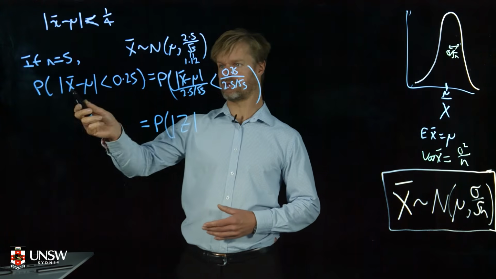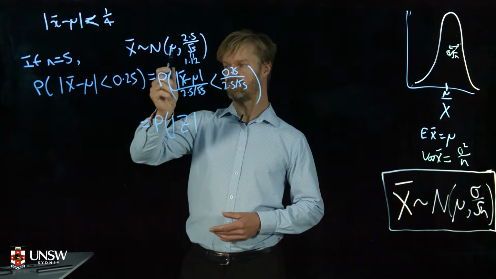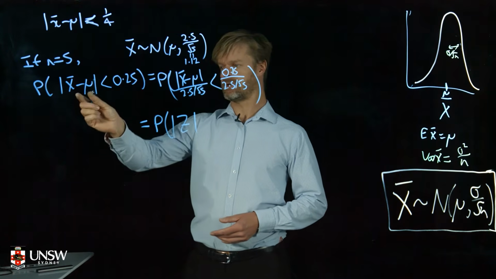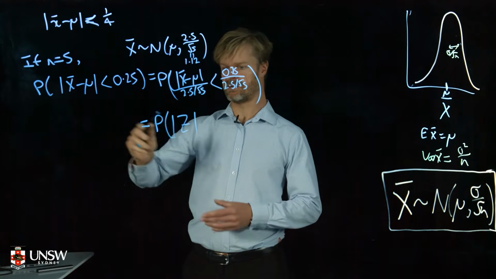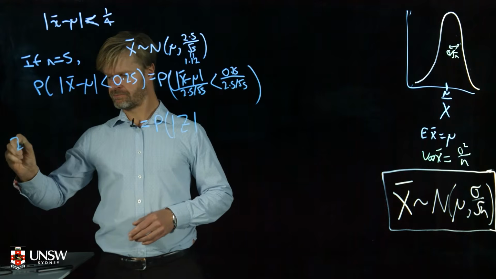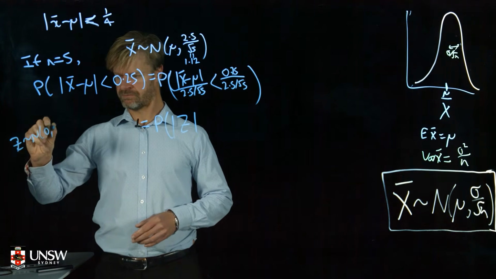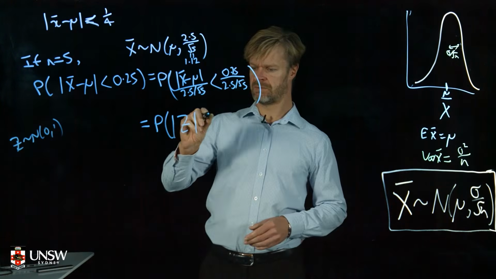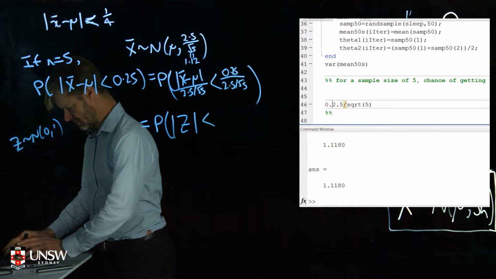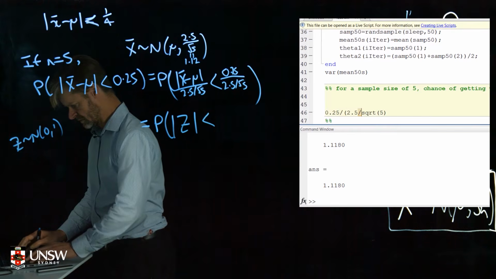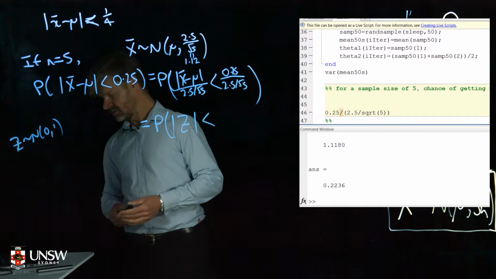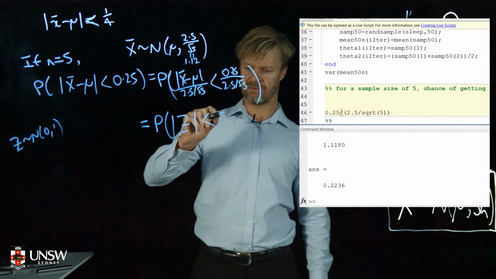So x bar minus mu has mean 0, and x bar minus mu over the standard error is normal with mean 0, standard deviation 1. And so what's that equal to then? 0.223, 0.224.